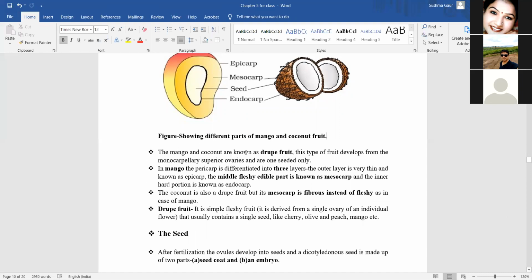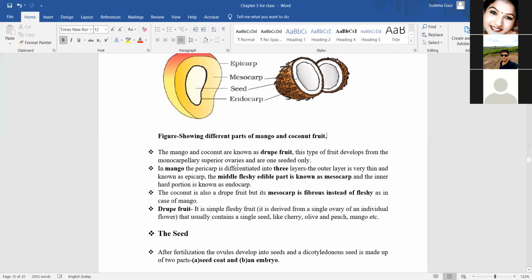So the mango and coconut are known as drupe fruit. This type of fruit develops from the monocarpellary superior ovaries. Now, what do you mean by monocarpellary superior ovary, Shreya? Single ovary. Superior ovary means the ovary will be present at the top.